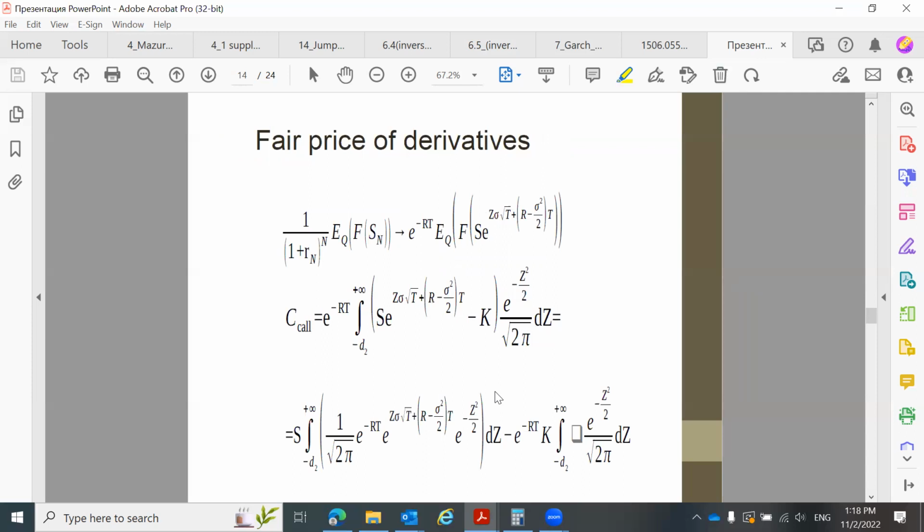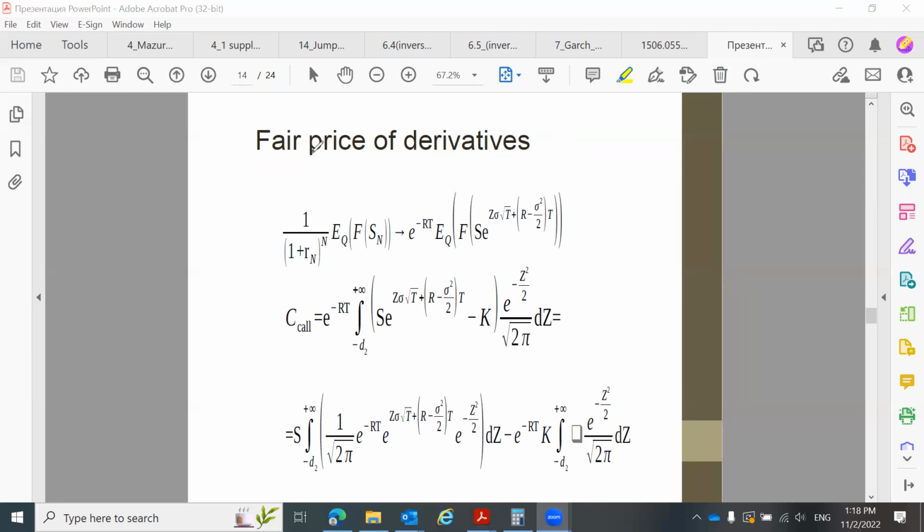And after that, we can find the fair price of derivatives, but you need to know the definition. What is the fair price of derivatives?